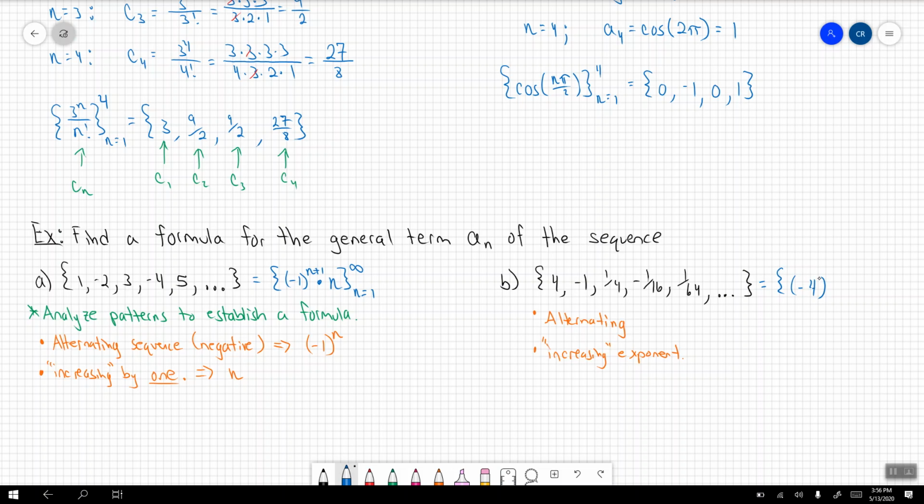So negative 4 to what power now? Well, let's see. If we're going to start this at n equal to 1, and we don't have a stopping point, so we're going to go to infinity. At n equal to 1, we must get 4. So let's see different values that this could possibly produce.